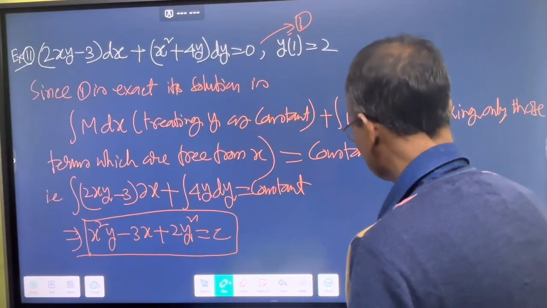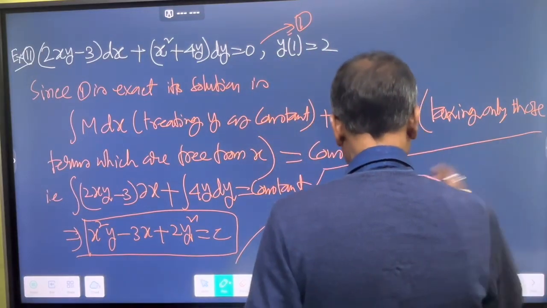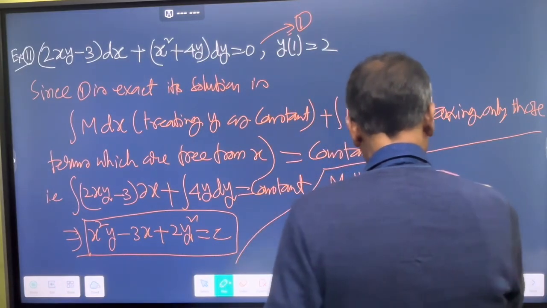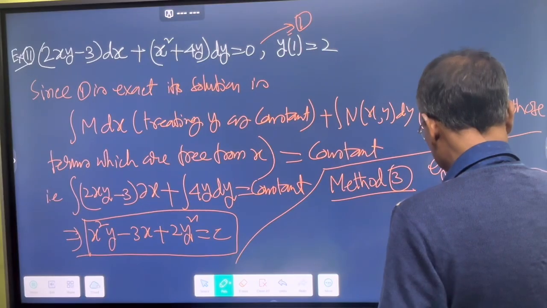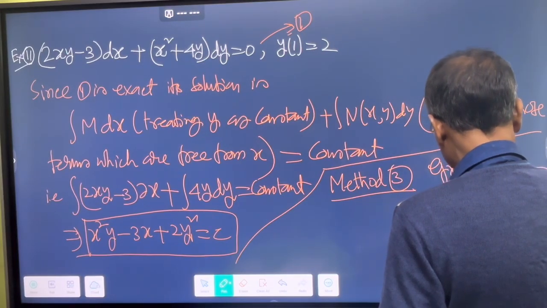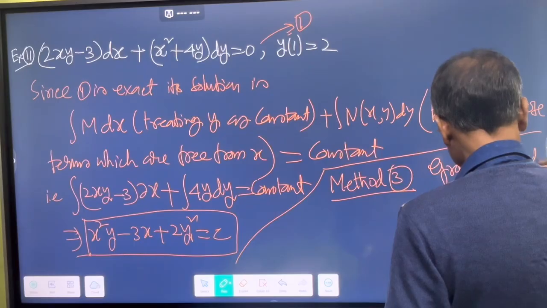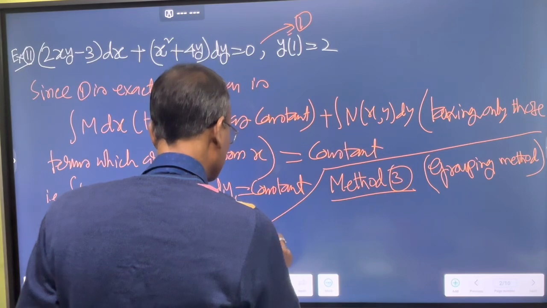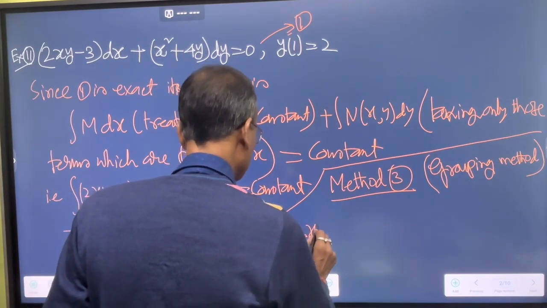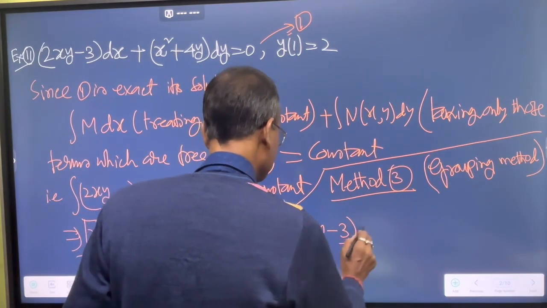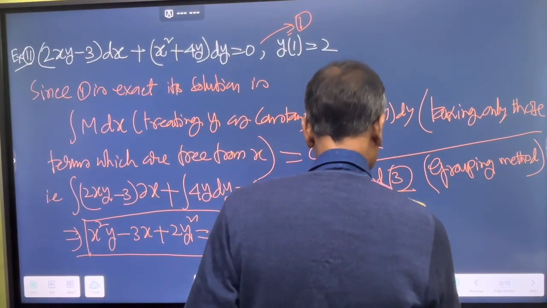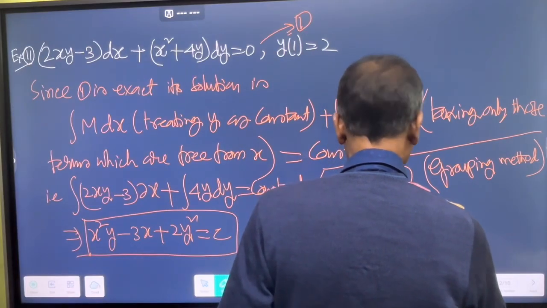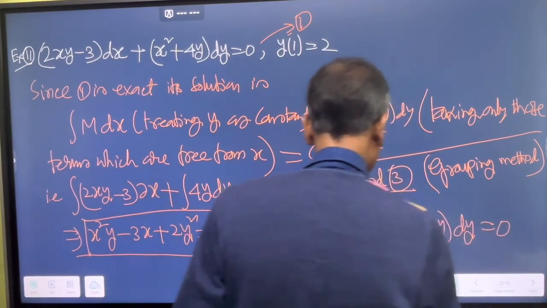Now method 3. Method 3 means the method of grouping. Now (1) can be written as (2xy minus 3) dx plus (x square plus 4y) dy equal to 0.